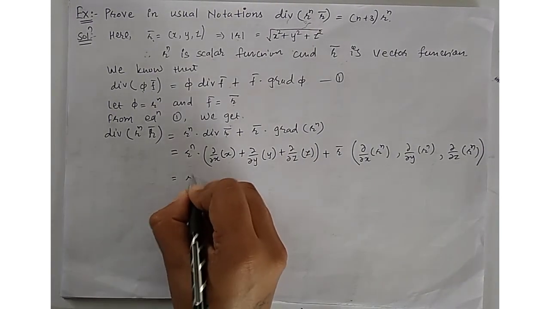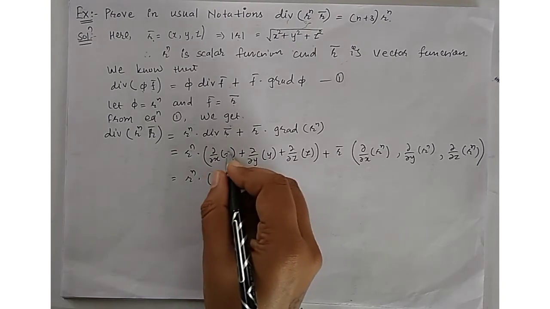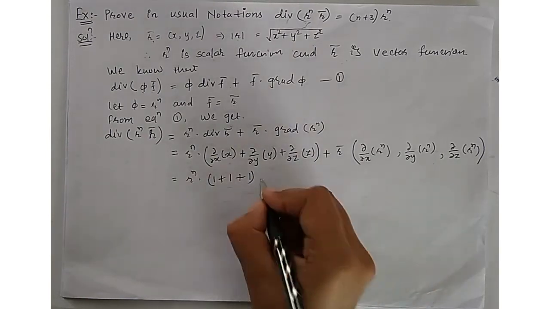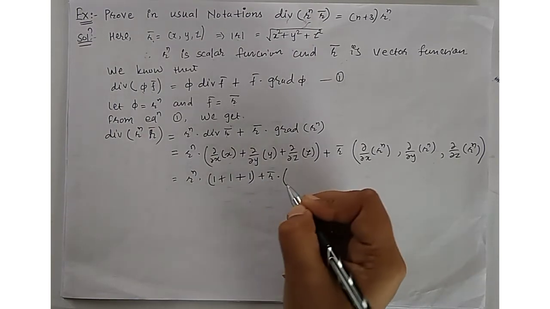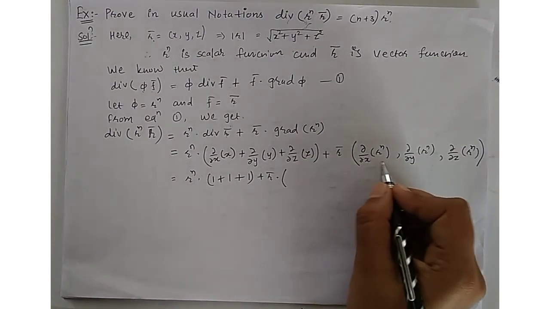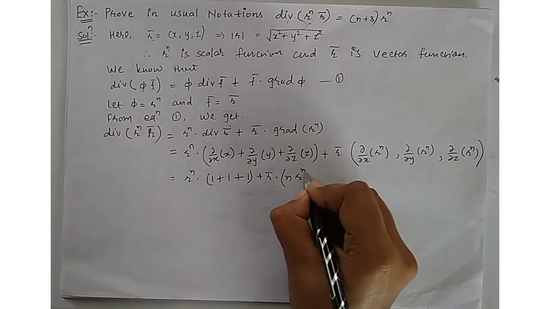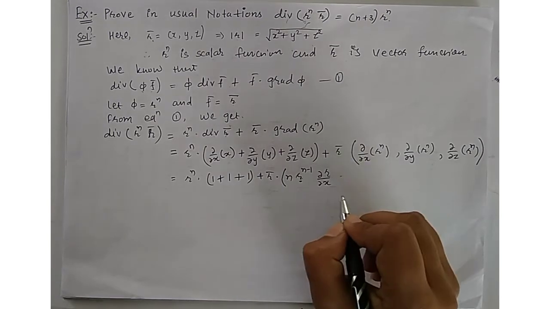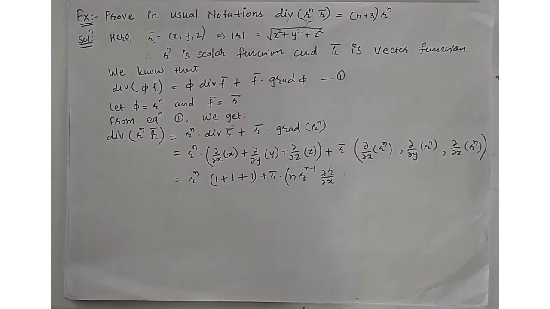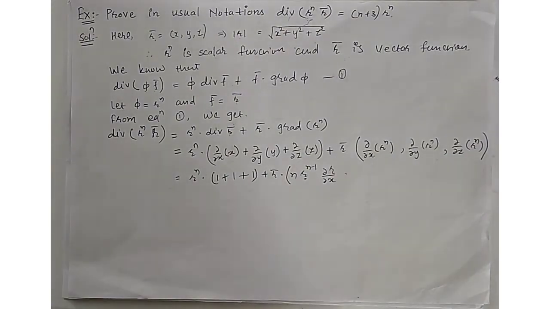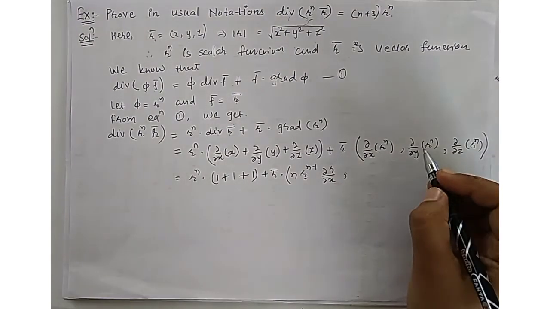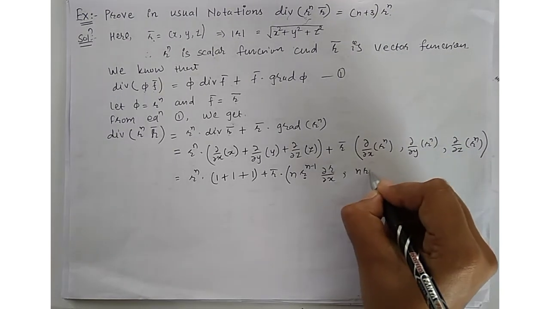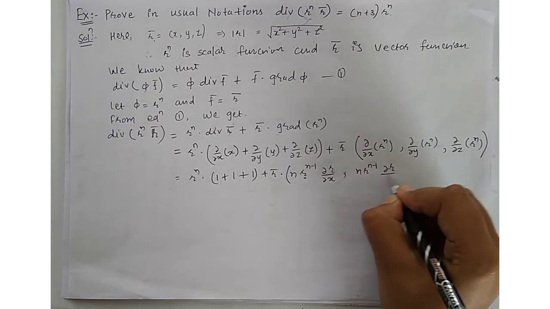So is equal to r to the power n into del x by del x is 1, del y by del y is 1, plus del z by del z is 1. So plus r bar into, take the derivative with respect to x, that is n r to the power n minus 1 and del r by del x, right? Comma, take the derivative of r raised to n with respect to y, we get n r to the power n minus 1 and del r by del y.